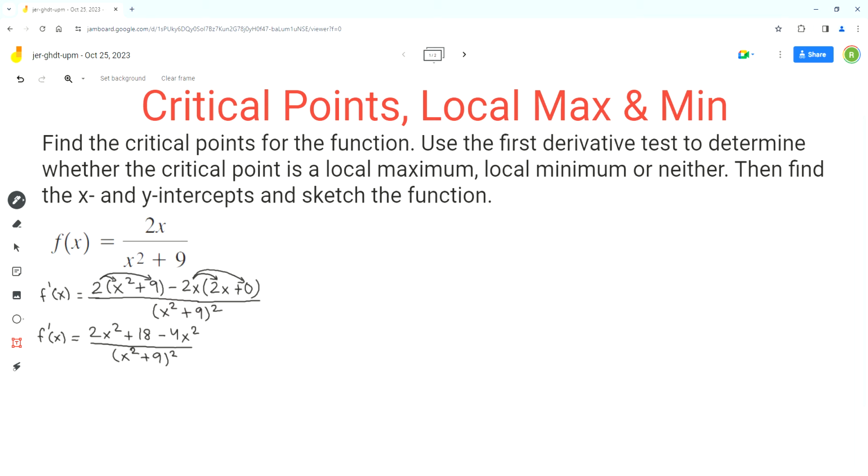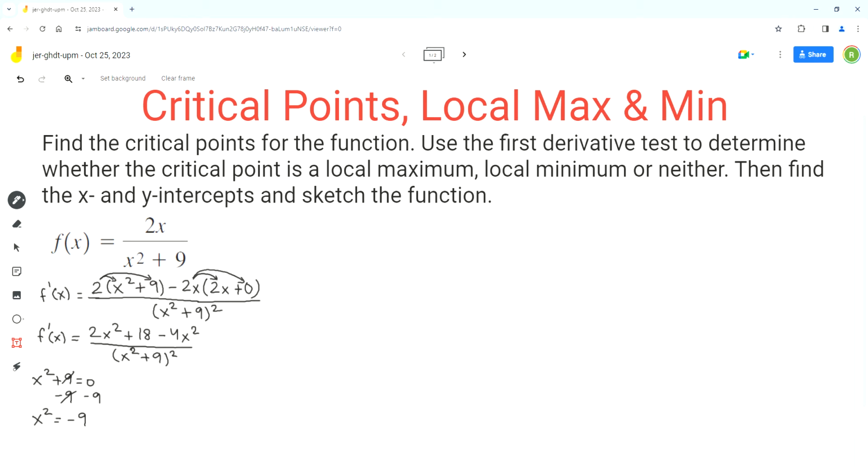We set x squared plus 9 equal to 0 and solve for x. We can isolate x by subtracting 9 from both sides. So the 9's on the left side cancel each other out, and we get x squared equals negative 9.